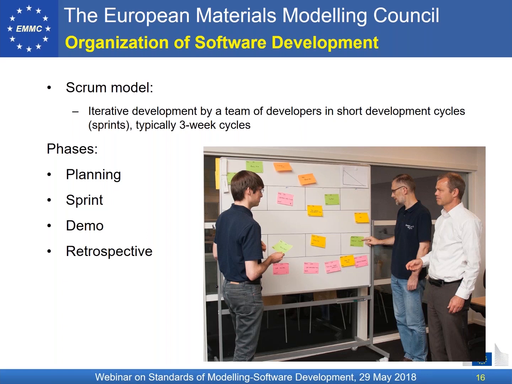In this way, Scrum is not a static thing. It evolves all the time, and the developers work on making it more and more efficient. So it's a very efficient way to make software, and since it's in 3-week cycles, the developers do not get stressed.